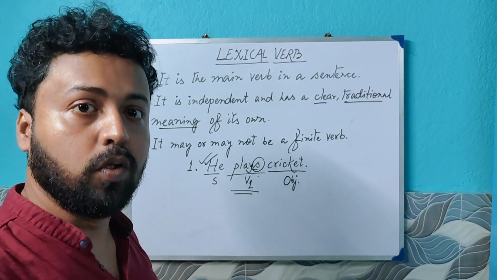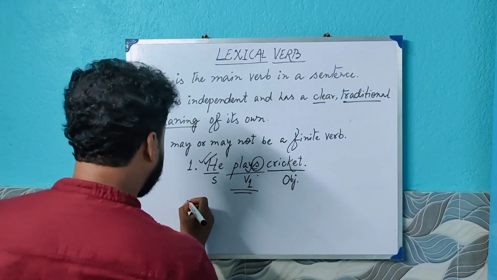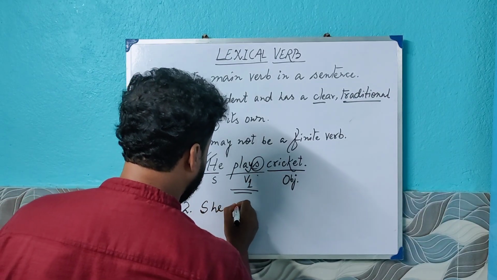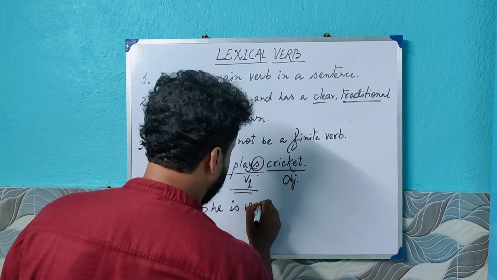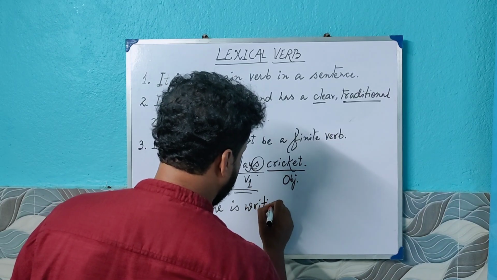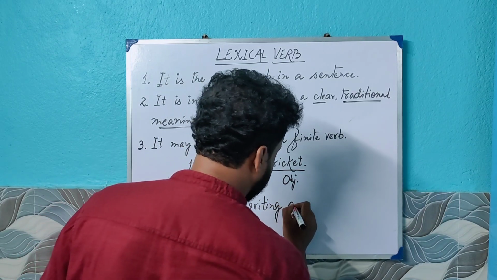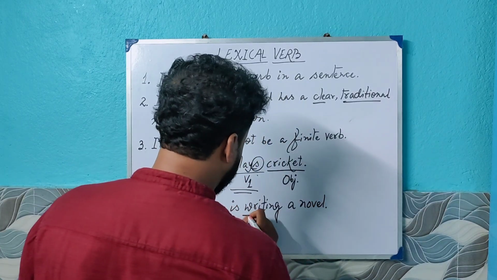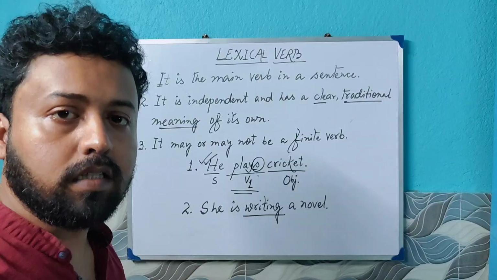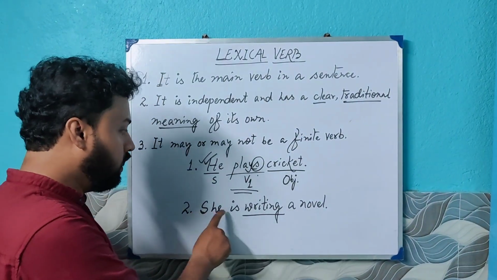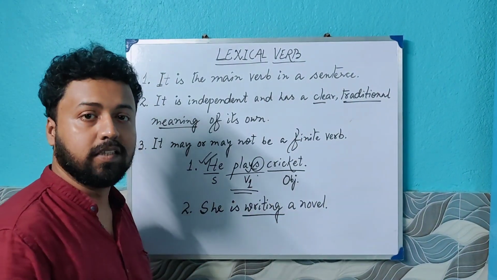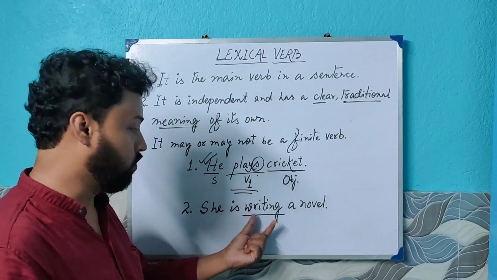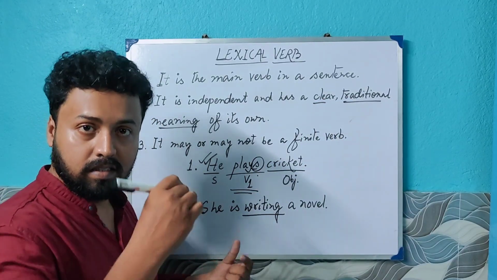Okay. Now we are going to see another example. Let's look at example number 2. She is writing a novel. Let's look at the verb writing. It carries a clear traditional meaning. The act of writing, to write something, right?